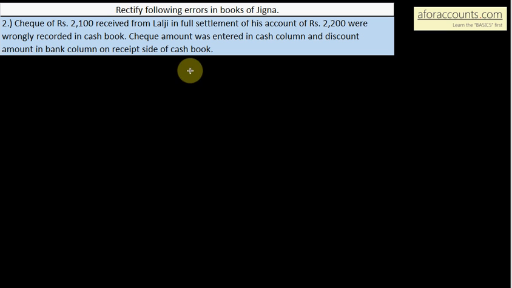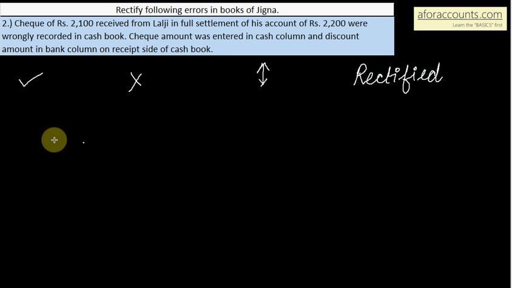So let's see what entry should have been. First the right entry, then your wrong entry, then your reverse entry, and at last the rectified entry. So what should have been the right entry for receiving a check and allowing a discount? When I receive a check, the debit will be bank account. So the entry should have been bank account debit.